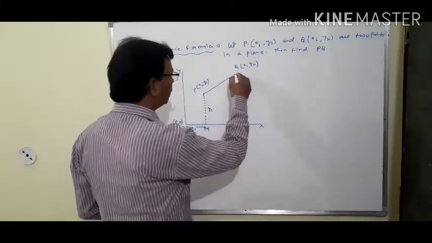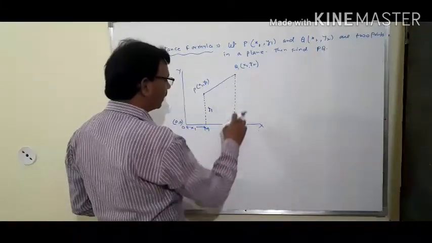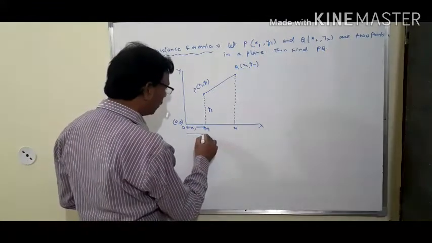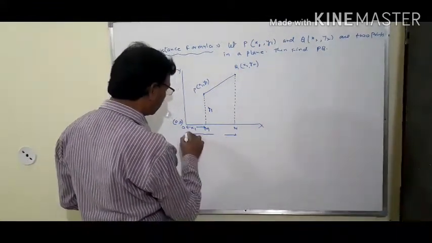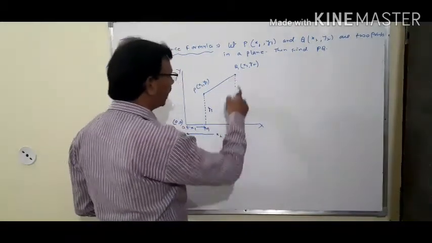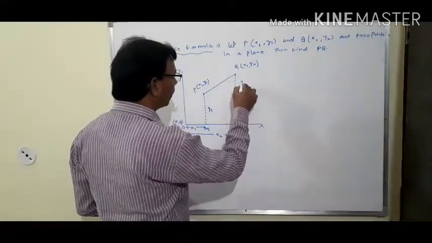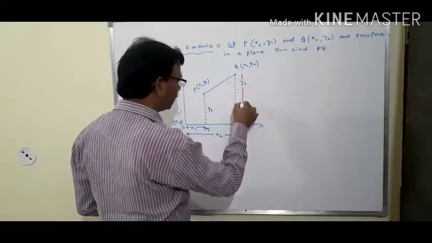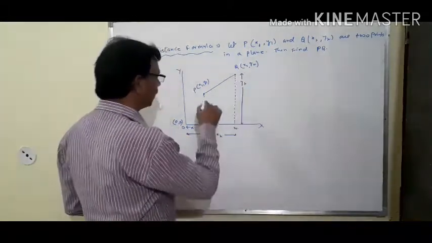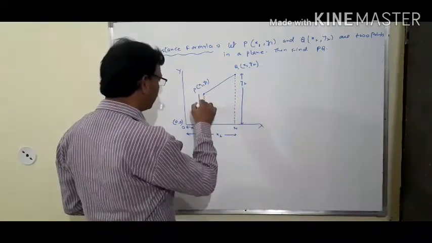Now for point Q, x2 is the distance of N from the origin, that means ON is x2, and QN is the y coordinate of Q, that means QN is y2. This is the distance of N to Q, and y1 is the distance of P to M.